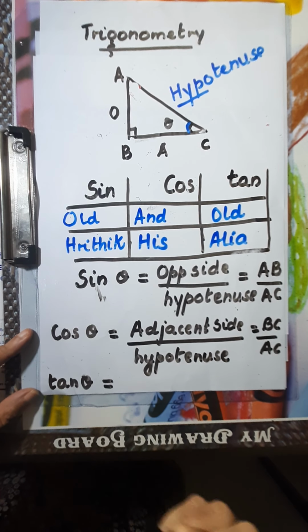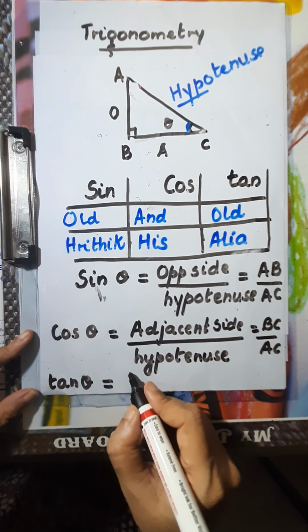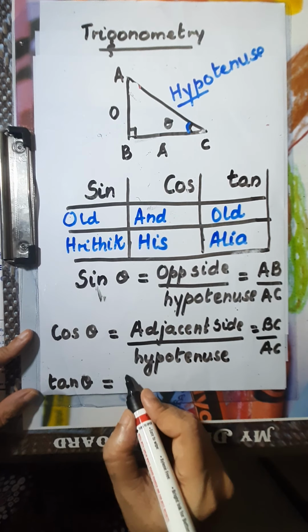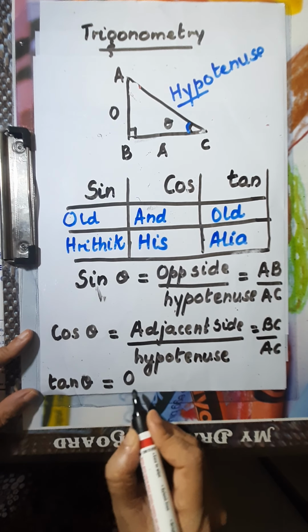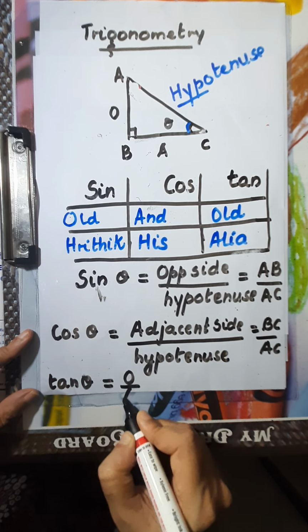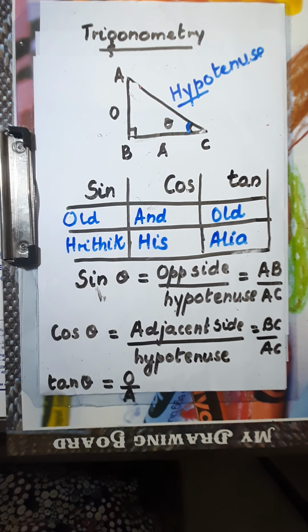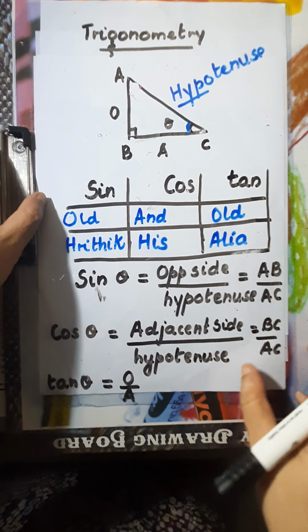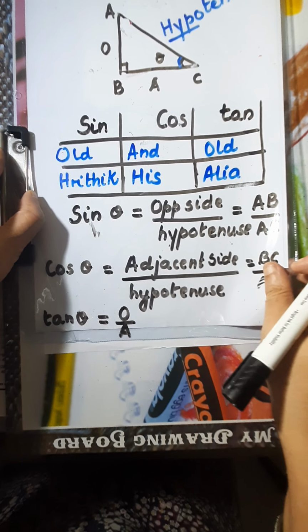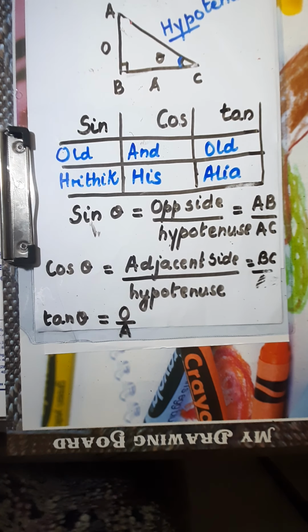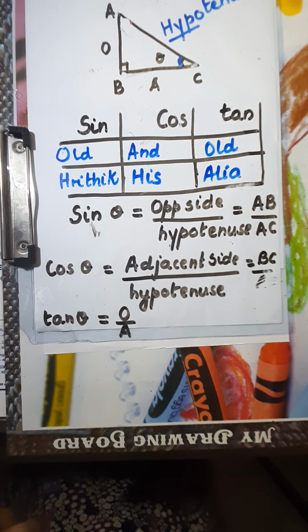Now what is tan theta? Tan theta is O upon A. What is O? Opposite side. And what is A? A is adjacent side. O upon A, that is opposite side upon adjacent side. Let me add on to this.